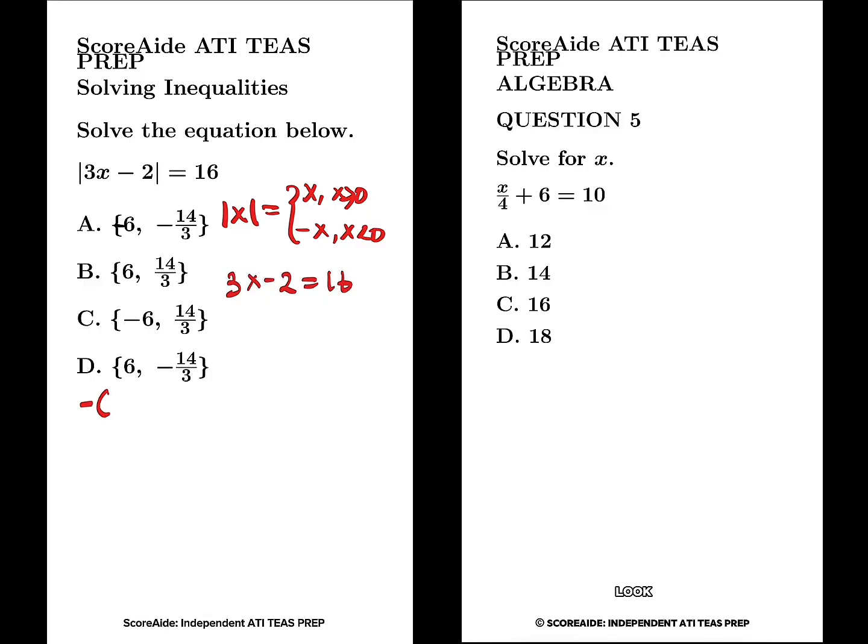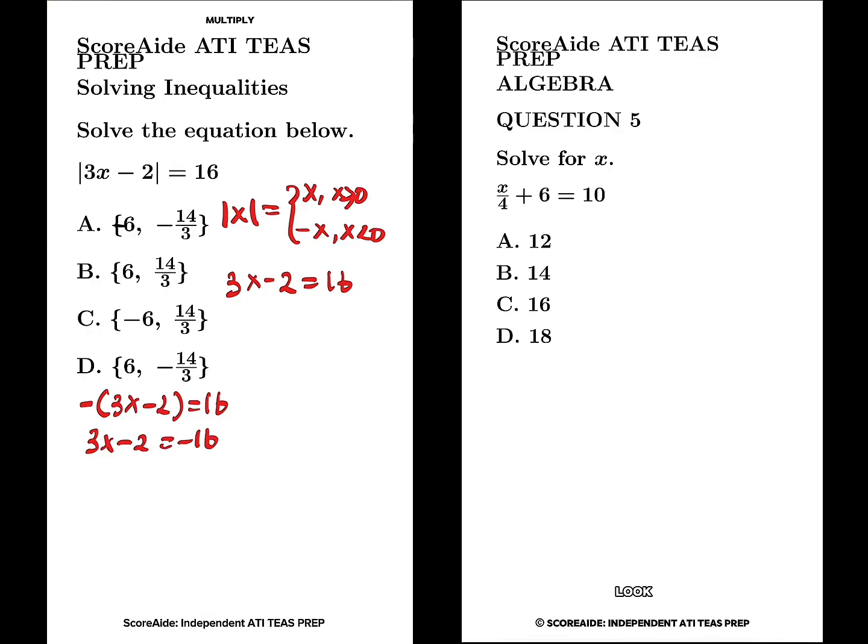Negative 3x minus 2 equal to 16. So those are the two possible equations that we can have, right? Now let's solve this one. So solving this, I can just say 3x minus 2 is equal to negative 16.